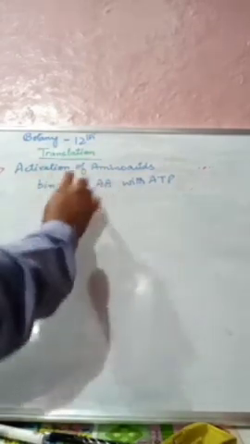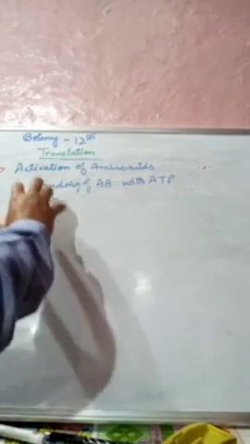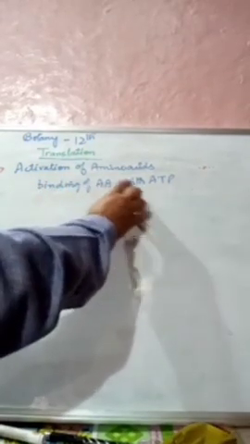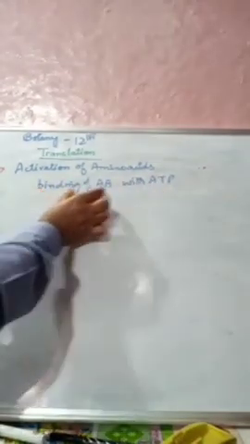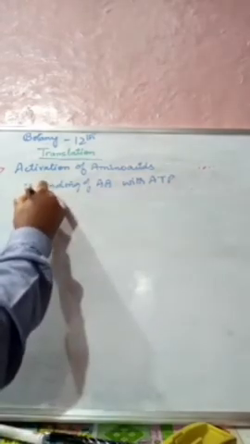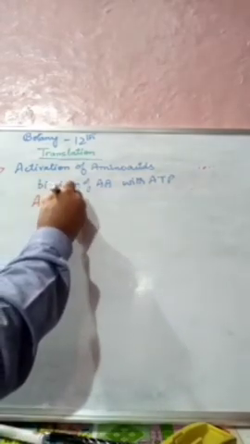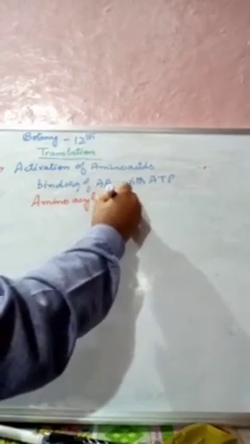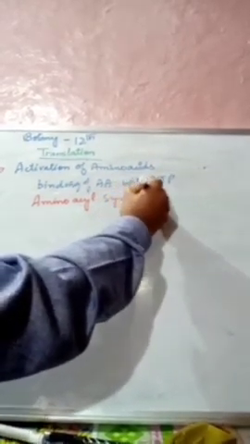This activation of amino acids, this reaction, is brought about by binding of amino acids with an ATP molecule, and this step, this binding of amino acids with ATP, requires an enzyme, and the name of this enzyme is amino acyl synthetase.